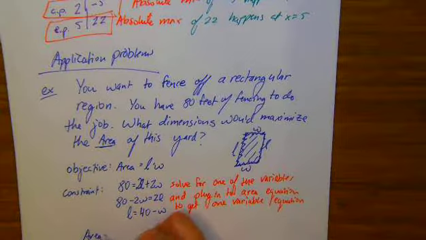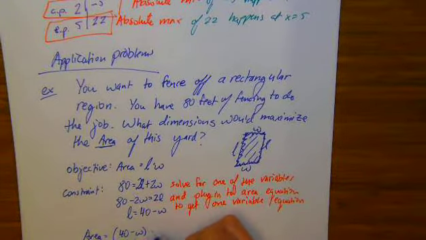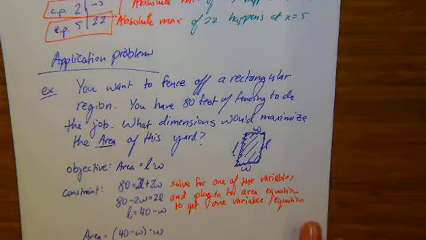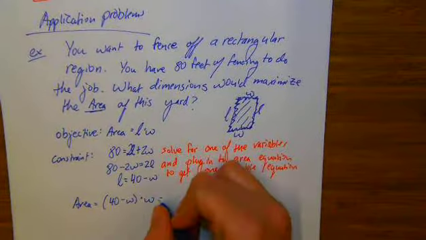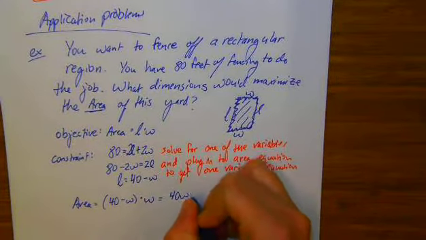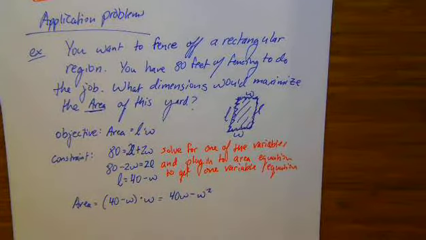So I have area equals, instead of L, I know that this is 40 minus W. Now it's one equation with one unknown. Okay. And so in terms of getting a maximum, what would you do from here?